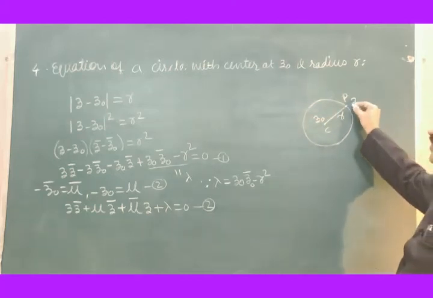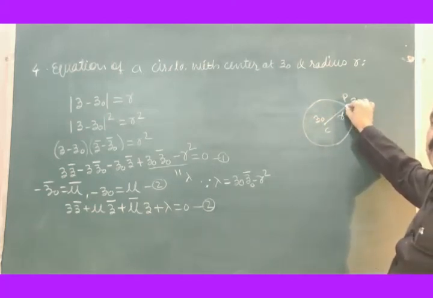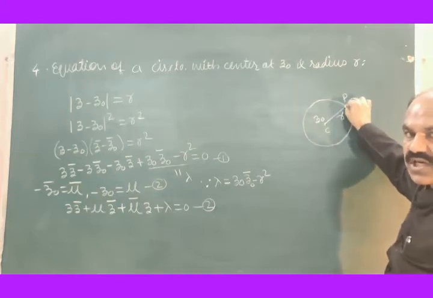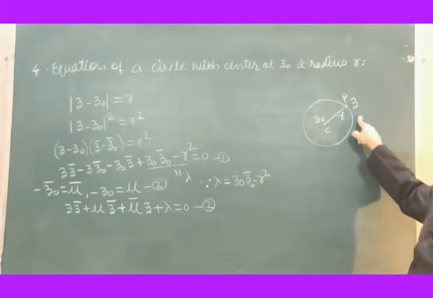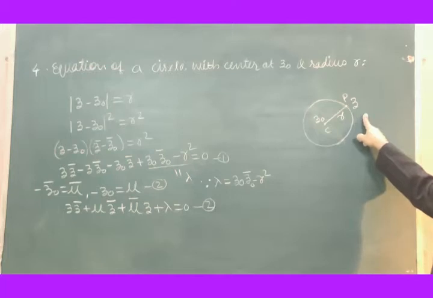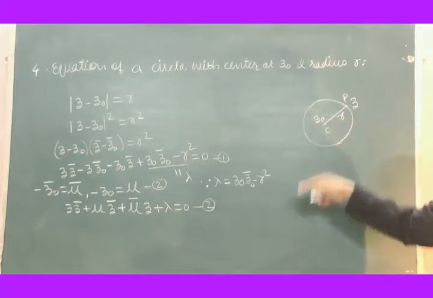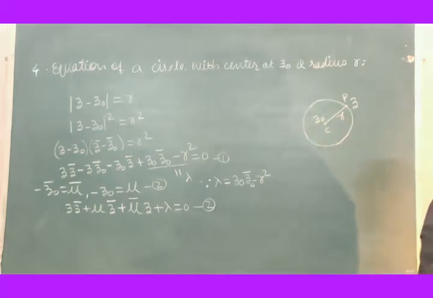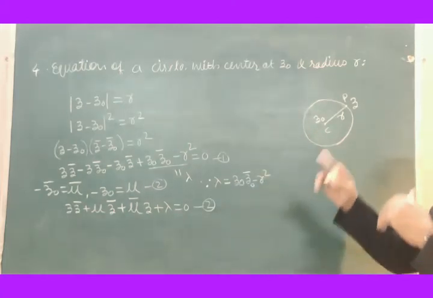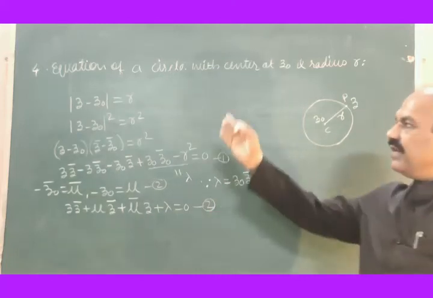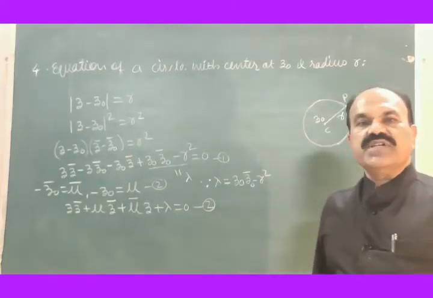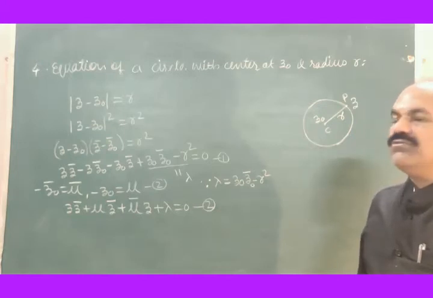Let us consider any point P on the circumference of the circle specified by complex number z. Then the radius of this circle is given by modulus of z minus z0 is equal to r. If we square both sides, it will be the square of modulus of z minus z0 is equal to r square.